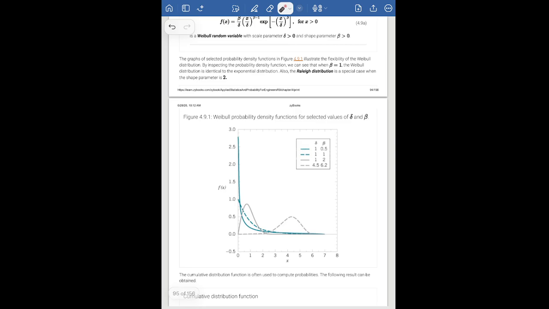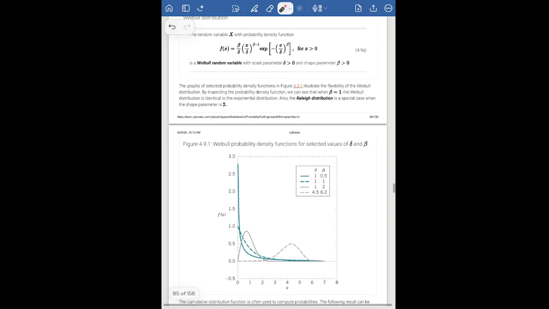Special cases of this Weibull distribution include the Rayleigh distribution. When beta is equal to 1, we have the exponential distribution.